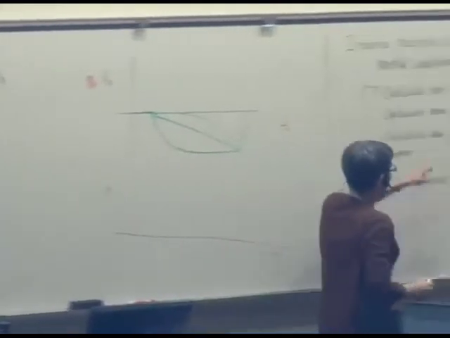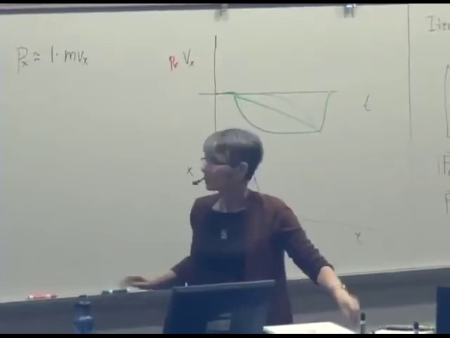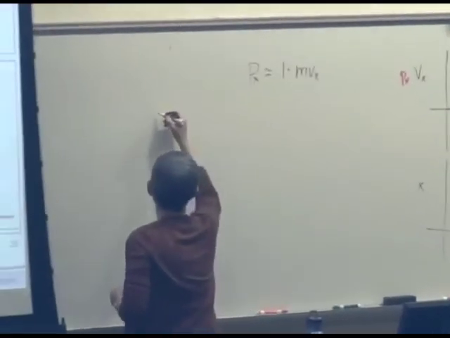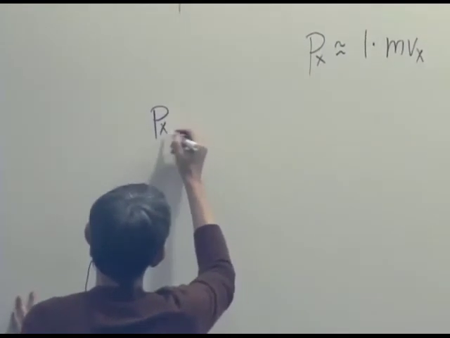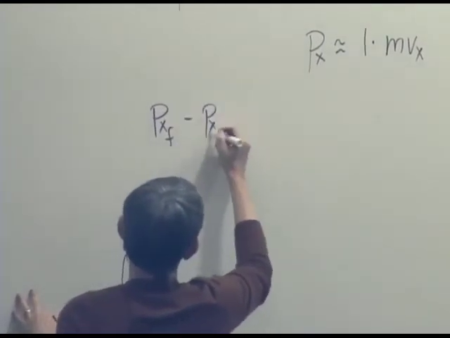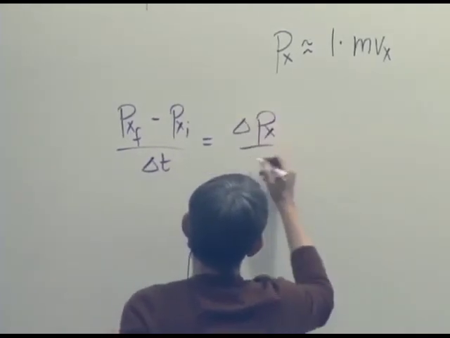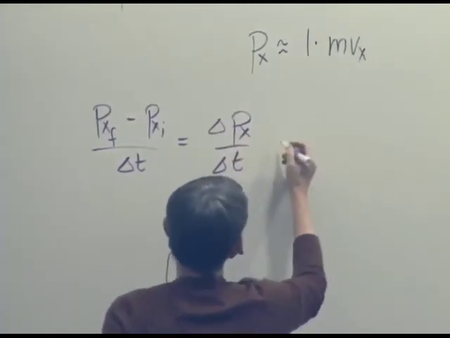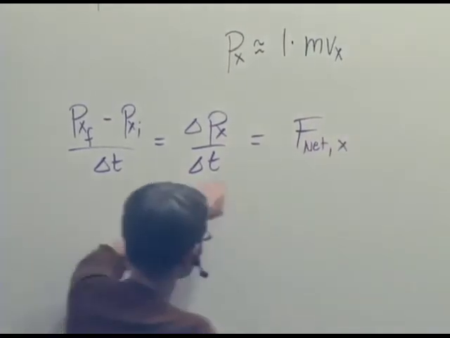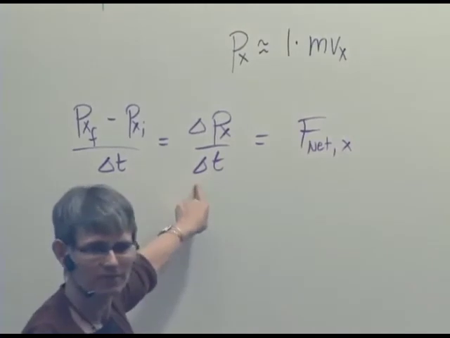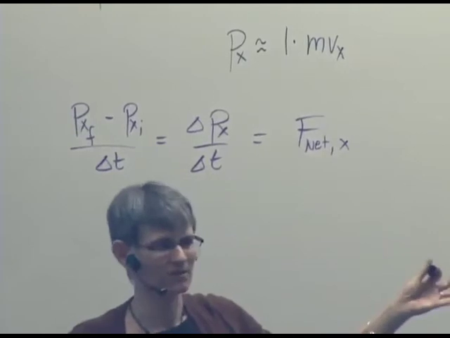And we noted that we could rewrite the momentum principle in the form, we'll just write the x component, p x final minus p x initial over delta t, which is delta p sub x over delta t, was F net x. So in fact, this is the slope of the momentum versus time graph, and that's the force. And if the slope is constant, the force is constant.